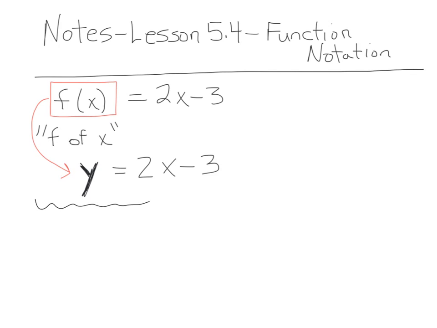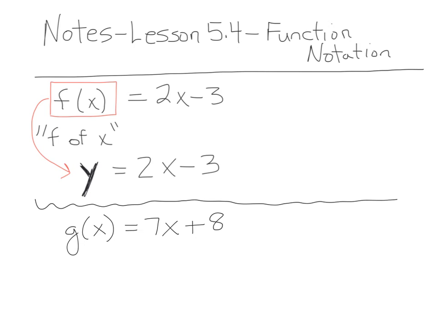Okay, let's try. They might name it g of x. It's just a different function. And how you say that is g of x equals 7x plus 8 maybe. I'm just making that up randomly. That g of x, what you might want to do is just take all of that out and just replace it with y.